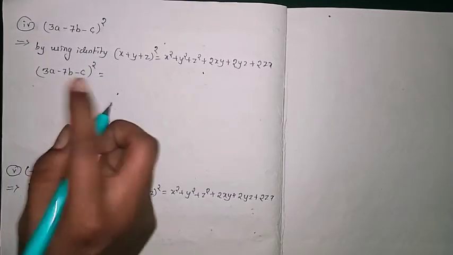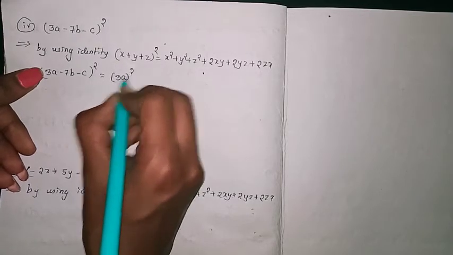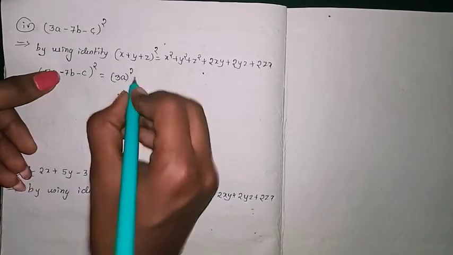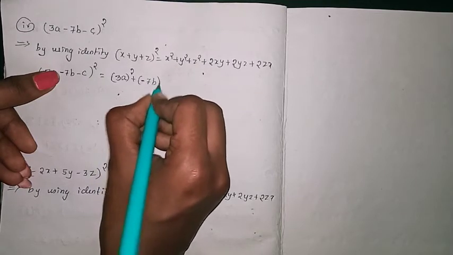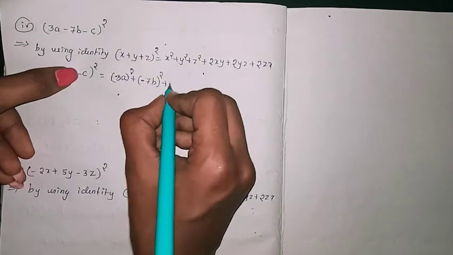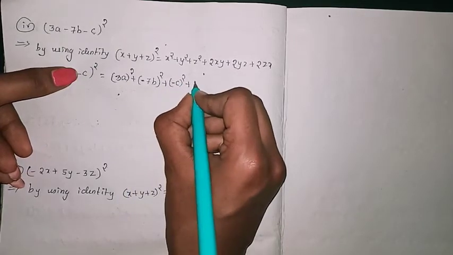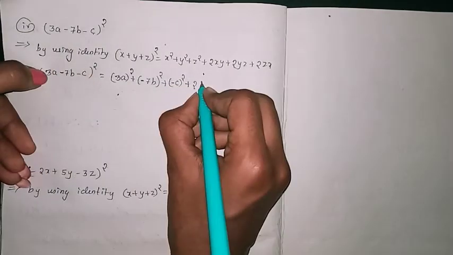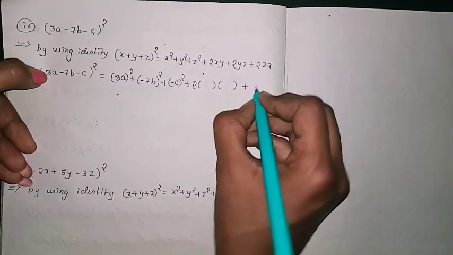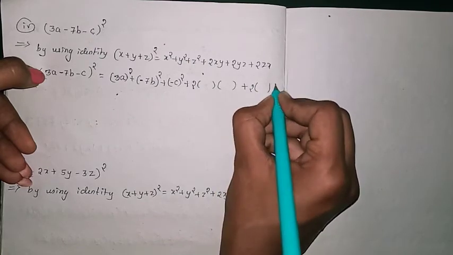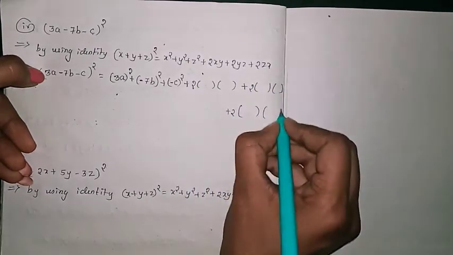So we are expanding. So for that first term square 3a, in bracket you keep it, second term with the negative sign you have to write, plus minus of 7b whole raised to square plus third term minus of c whole raised to square. Now 2 into the bracket, 2 terms we have to write, and plus 2 into the 2 terms in bracket we have to write, and 2 into the bracket 2 terms you have to write.